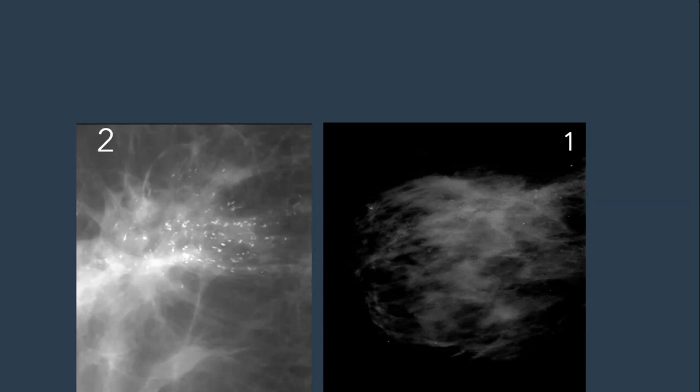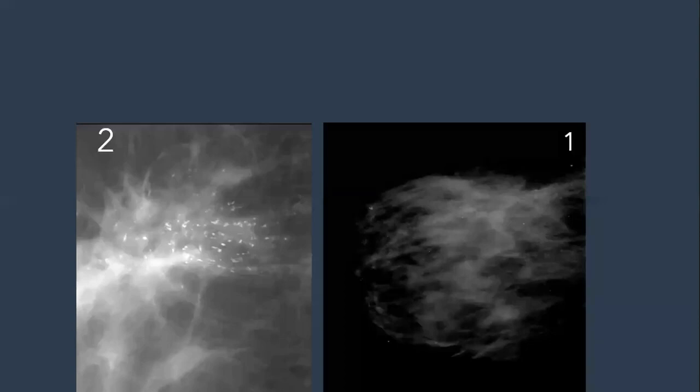Regardless of distribution, 4C. And associated with this significant asymmetric architectural distortion, it will be upgraded to 5. Full stop.